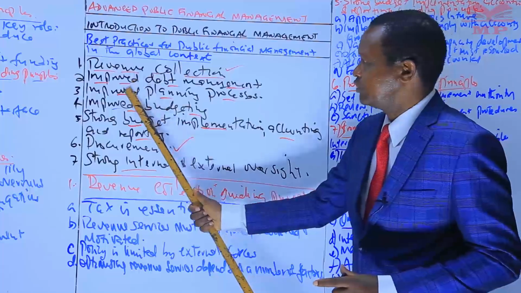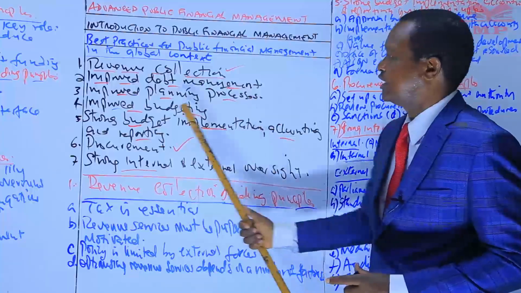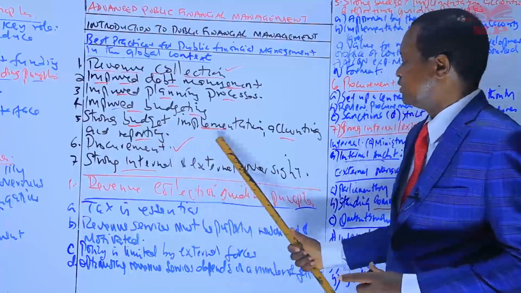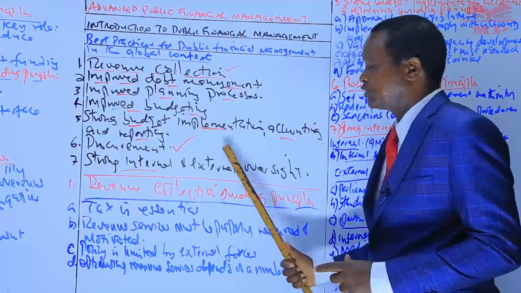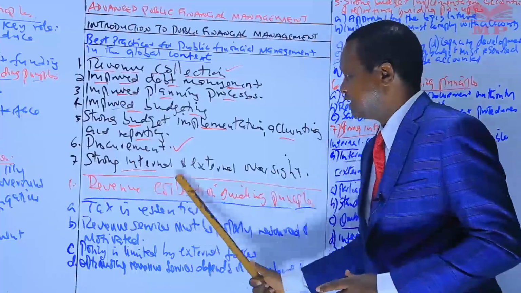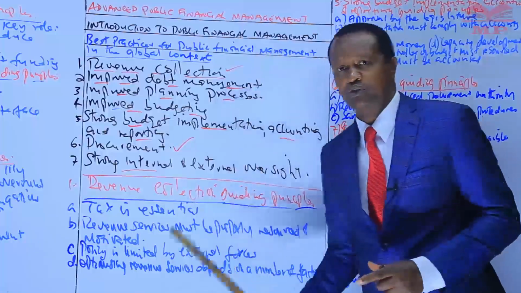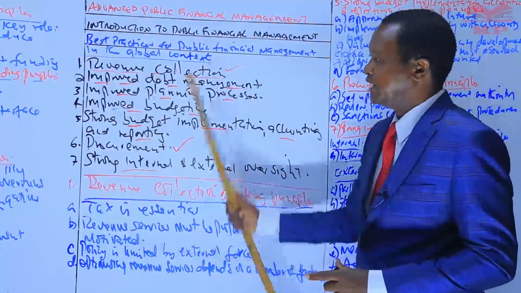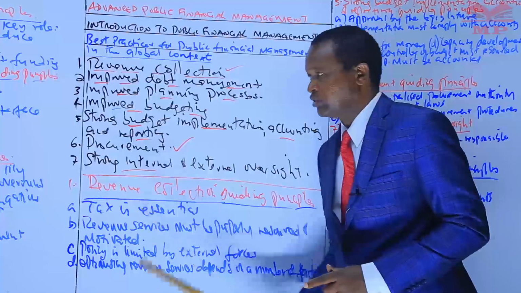There are guidelines on improved debt management, improved planning processes, improved budgeting, strong budget implementation, accounting and reporting guiding principles. We also have procurement guiding principles and strong internal and external oversight guiding principles. We've discussed all the guiding principles under the 7 categories.